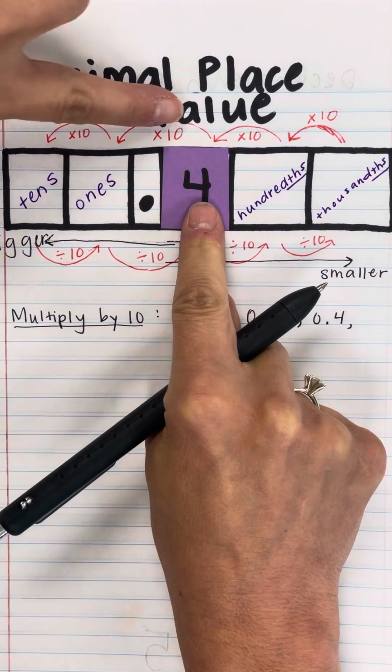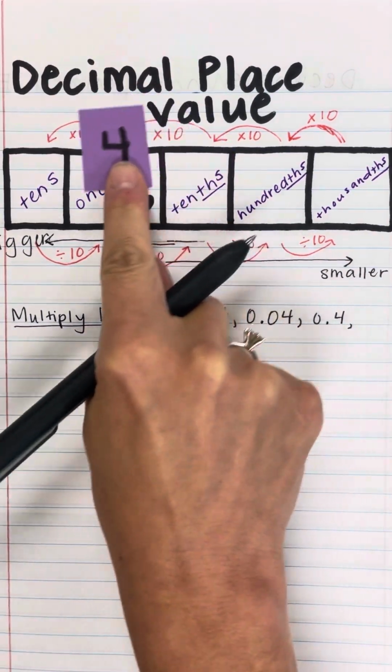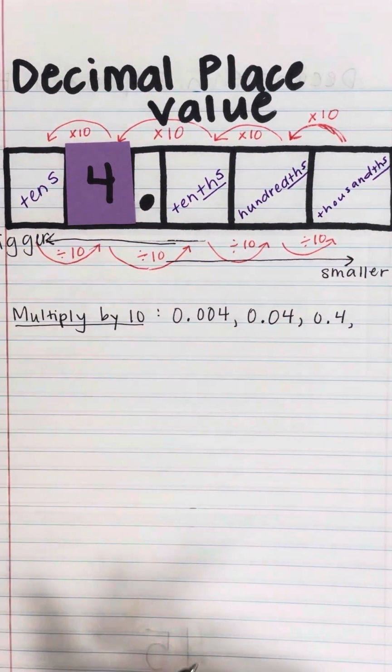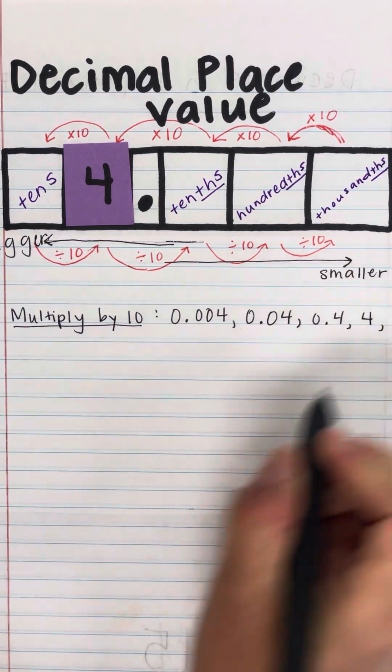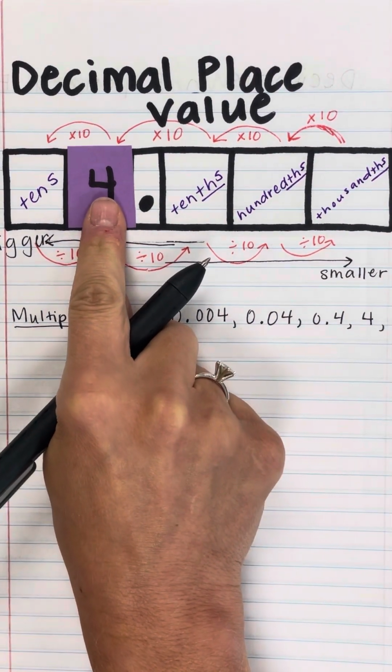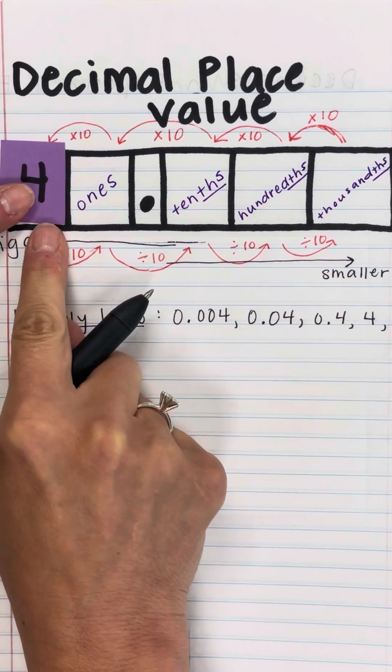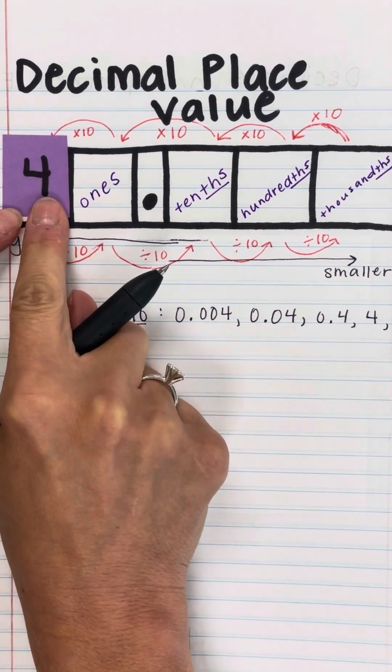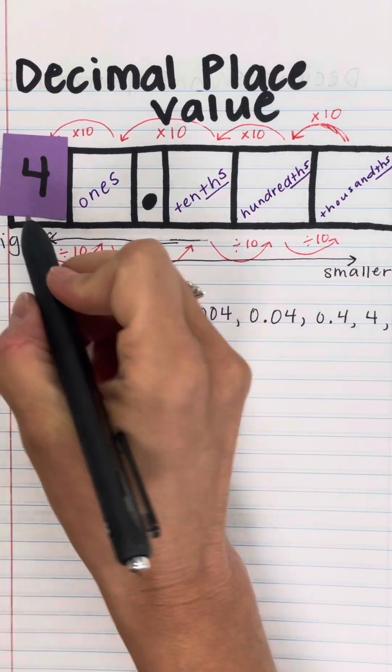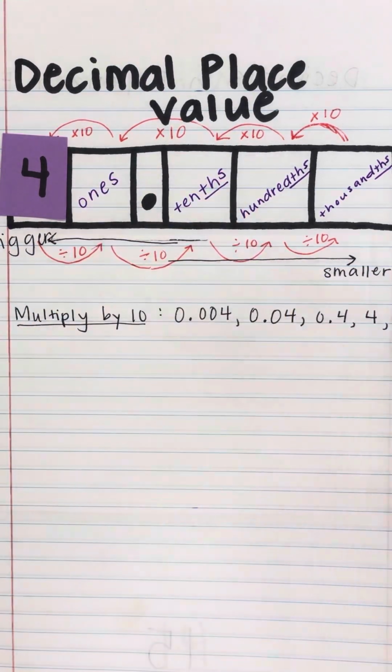If we multiply it by a power of 10 again, it's going to come over here, and now we've got a positive whole number of 1. If we multiply it by a power of 10 again, it's going to be right here in the tens. And we know that if a 4 is in the tens spot, that's going to be 40. We would need a 0 right here.